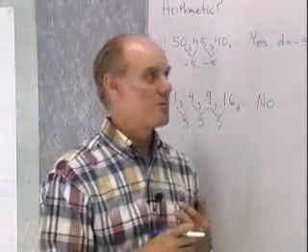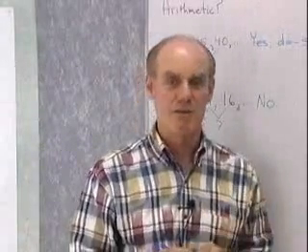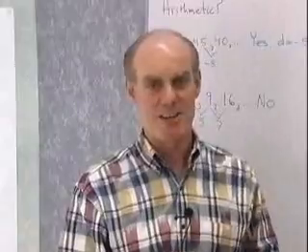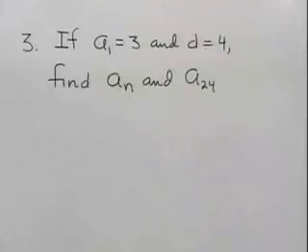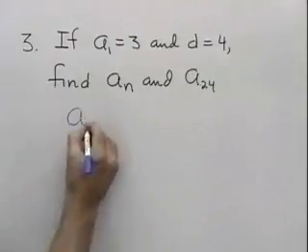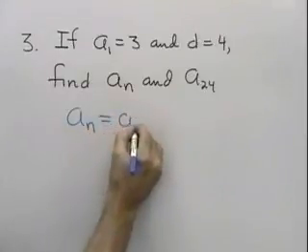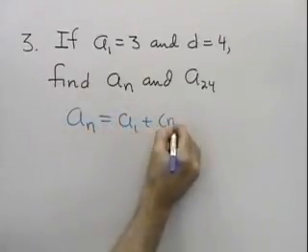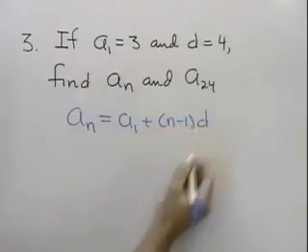Okay, let's go to the next problem now, in which we're given a certain amount of information about a sequence and asked to find a couple of terms. Suppose that the first term, a1, is 3, and the common difference, d, is 4. Can we find the nth term and the 24th term? Well, the nth term in an arithmetic progression is the first term plus n minus 1 times the common difference, d.